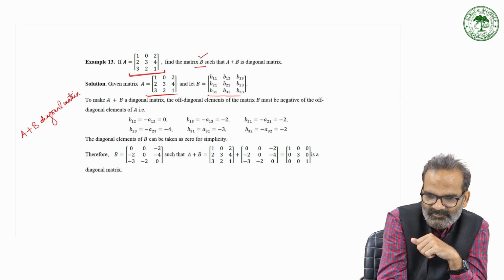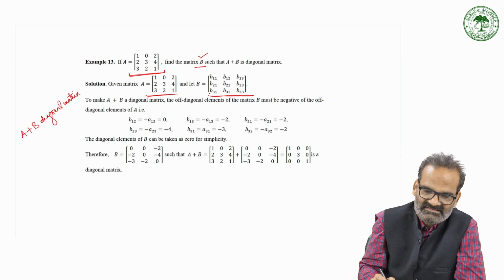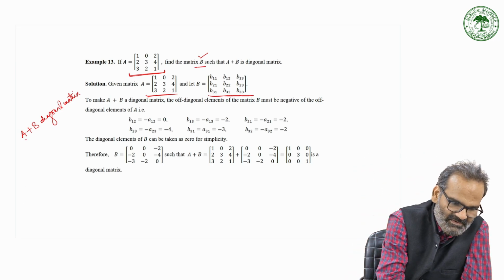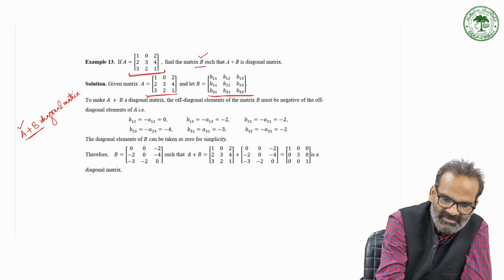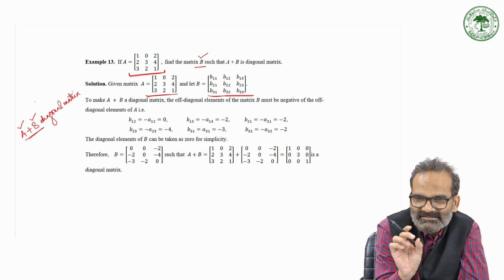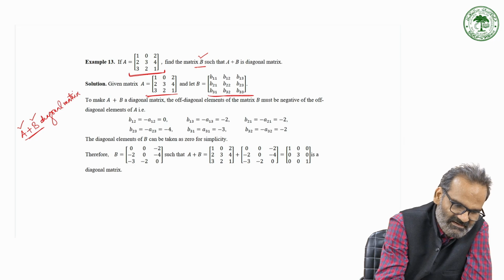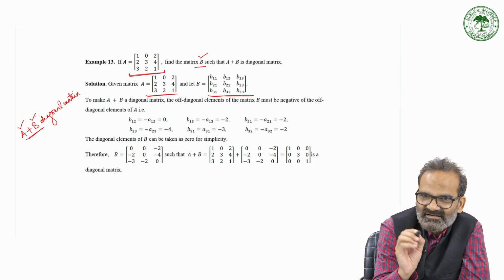We have taken B as a matrix like this, right? Why does B have this form? We want to calculate A plus B. The order of A is 3 by 3 and A is added to B. So addition of two matrices is possible only if they are of the same order. So it shows that the order of B must be 3 by 3.